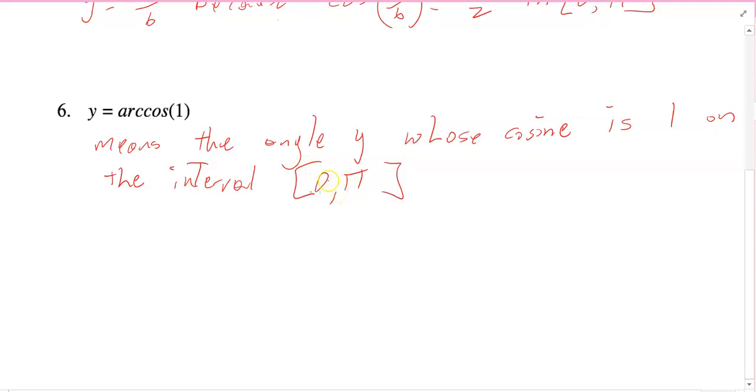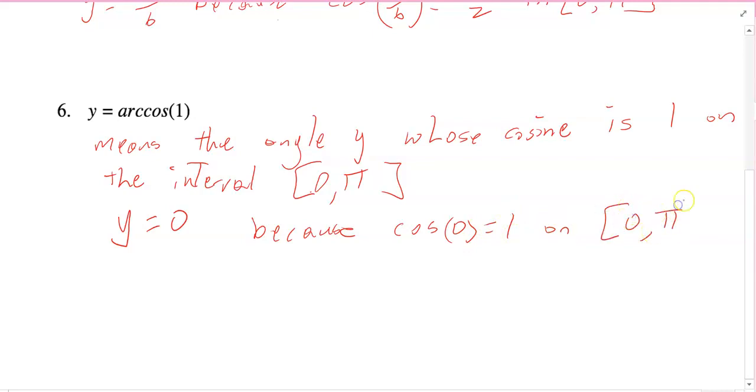So in this case, y is equal to 0, because cosine of 0 equals 1 on the interval 0 to pi.